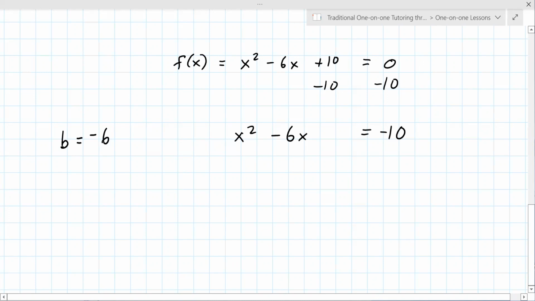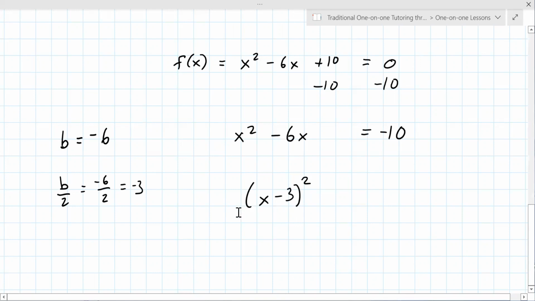Then the next thing you need is to divide it by 2, which is -3. So that becomes x minus 3 squared. You take whatever the b value is, you cut it in half, and it goes right there.